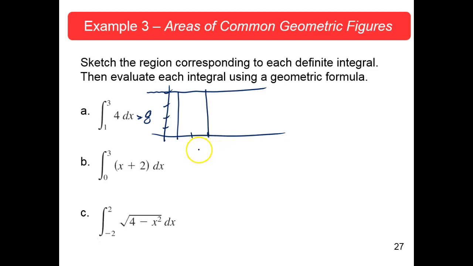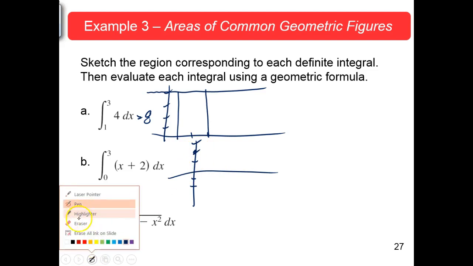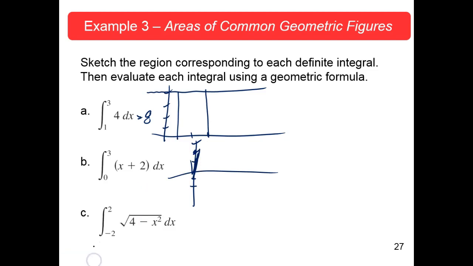How about this one? The integral from 0 to 3 of x plus 2. Well, this is a straight line with a y-intercept of 2, and let me go back and draw this more smartly.